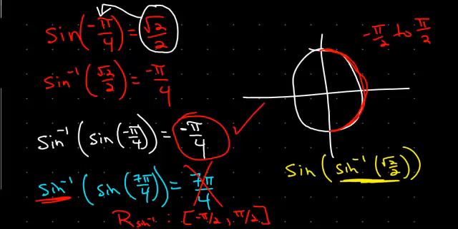Then you turn around and plug it into the sine function, so it equals root 2 over 2. When we have the inverse embedded inside the regular function, we're never going to have any issues. It is always going to be the identity function. But when the function itself is embedded inside the inverse, you have to really check and make sure that thing is in the output of sine.